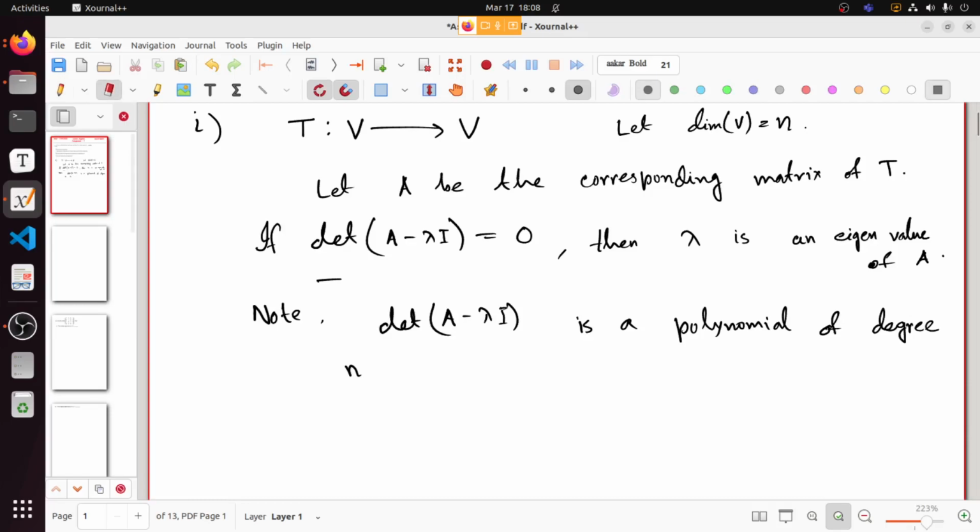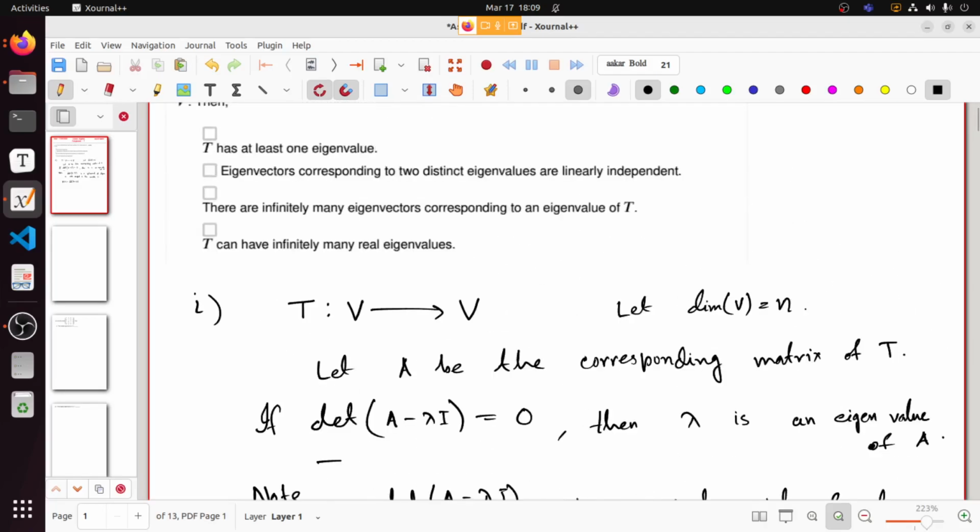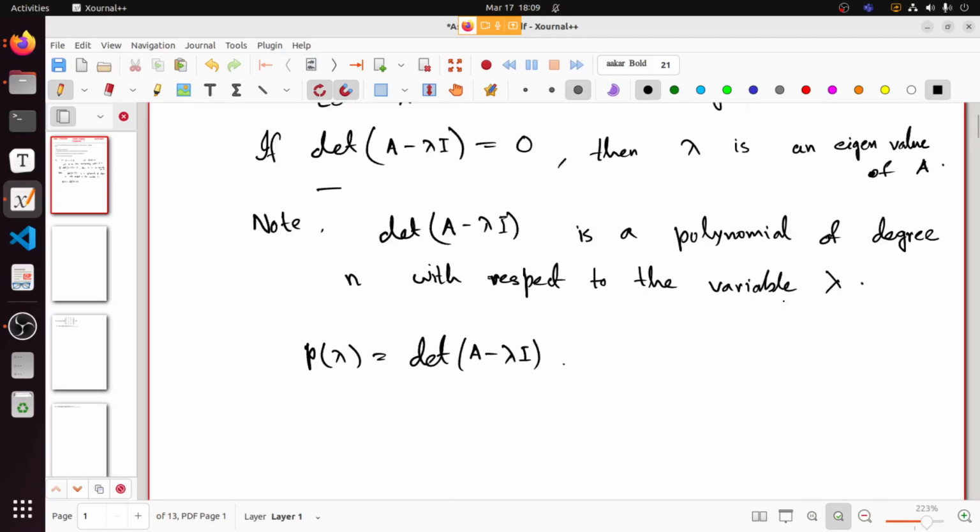Since we assumed dimension n, it is a polynomial of degree n. Call it P(lambda), the determinant of A minus lambda I. From the fundamental theorem, an odd degree polynomial always has a real root. Here, T having an eigenvalue means it has to be real, for a vector space over R. So if the degree is odd, there must be an eigenvalue, but for even degree there might not be a real eigenvalue.